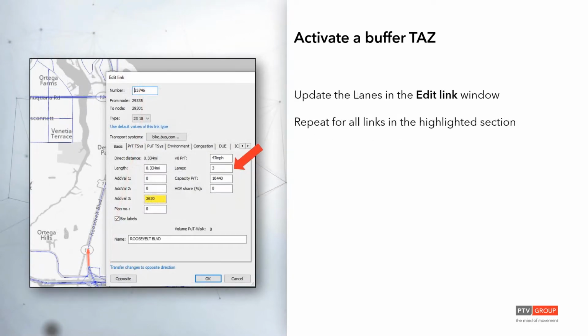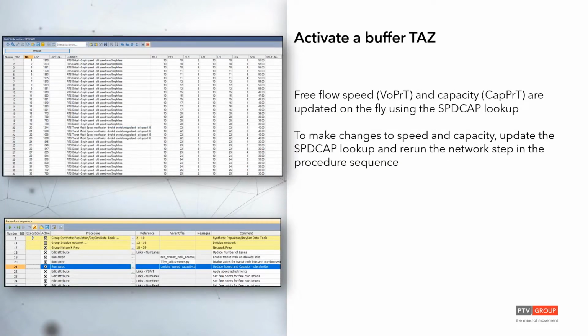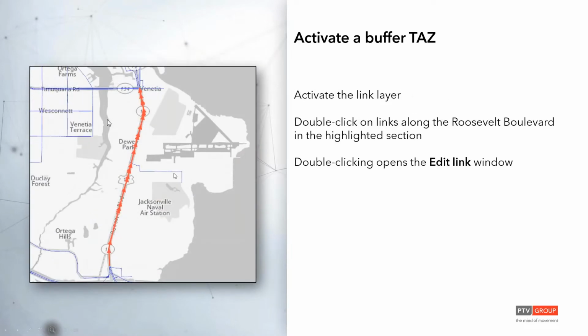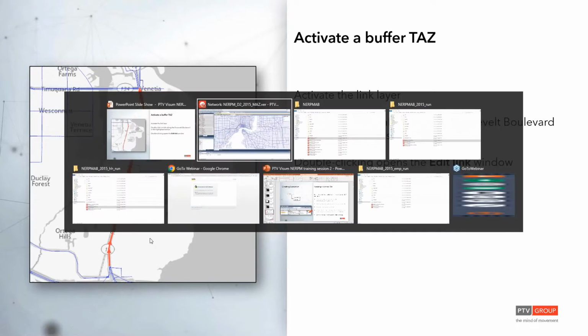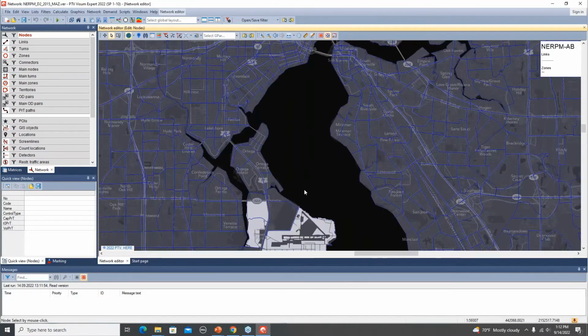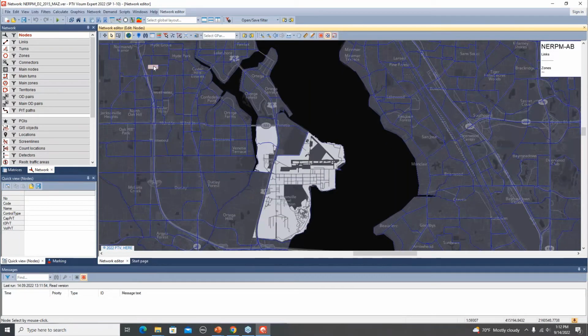And in this example, we are going to look at the Roosevelt Boulevard near this Naval Air Station. So let's go here, and just to see it better, you can change the background map here if you want to.